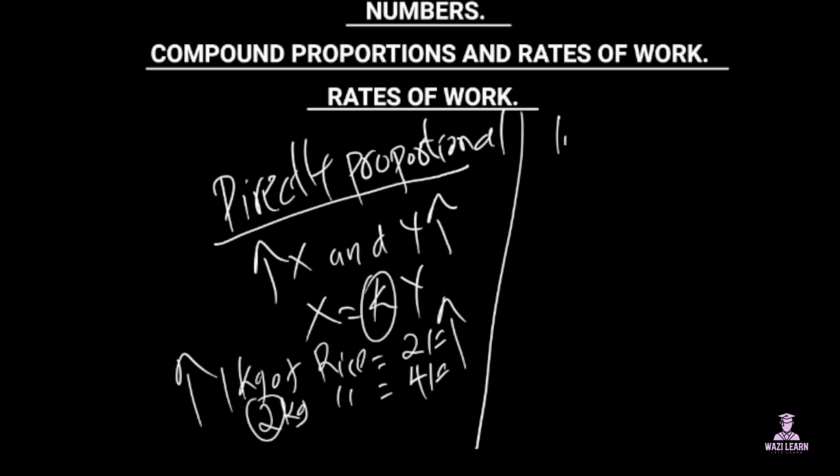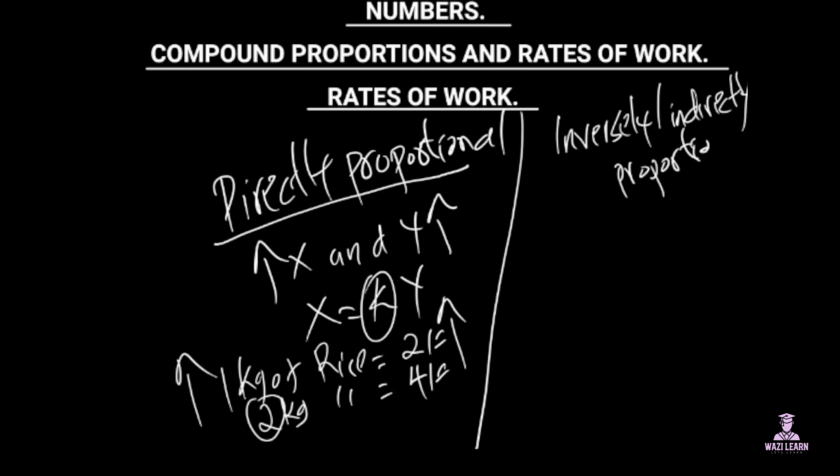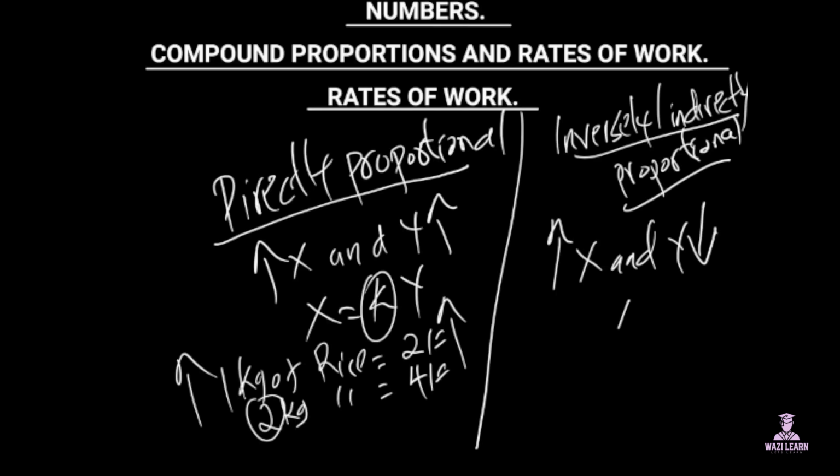When you say inversely proportional or indirectly proportional, we just mean when you have two variables, x and y, as one increases, the other one decreases. This is represented by the equation x = k over y. Let's say you have two variables, time and speed.